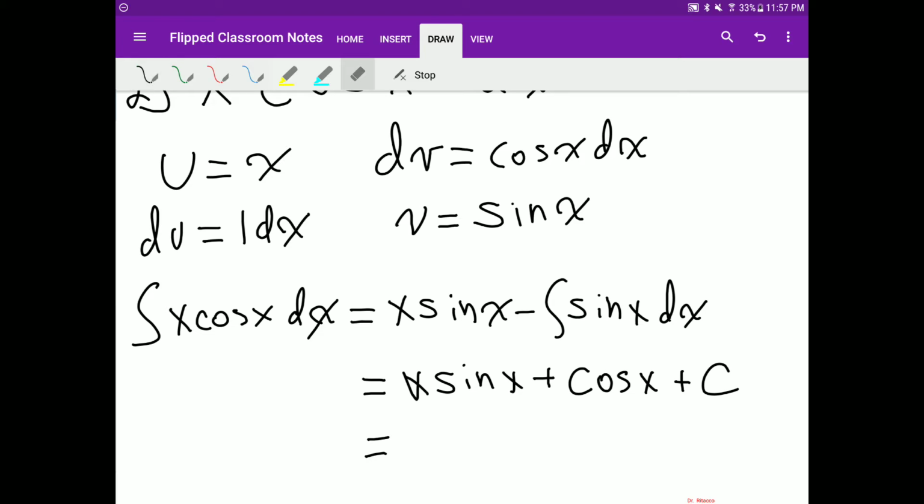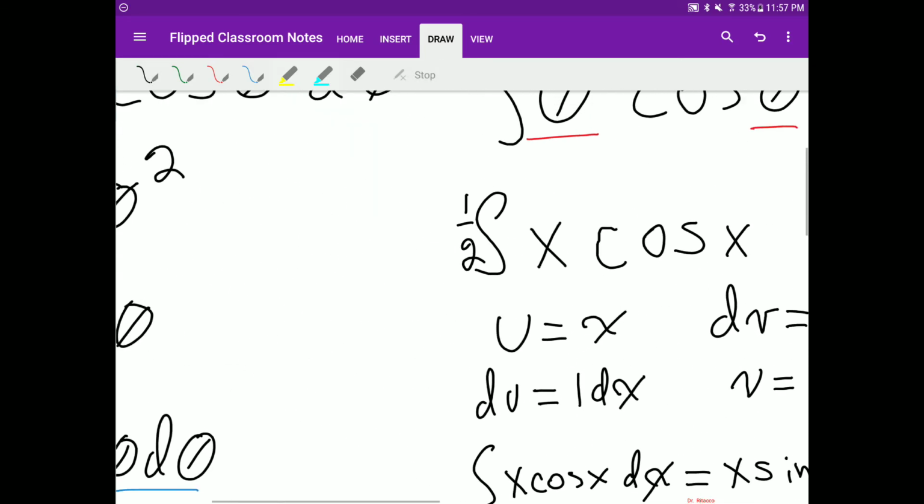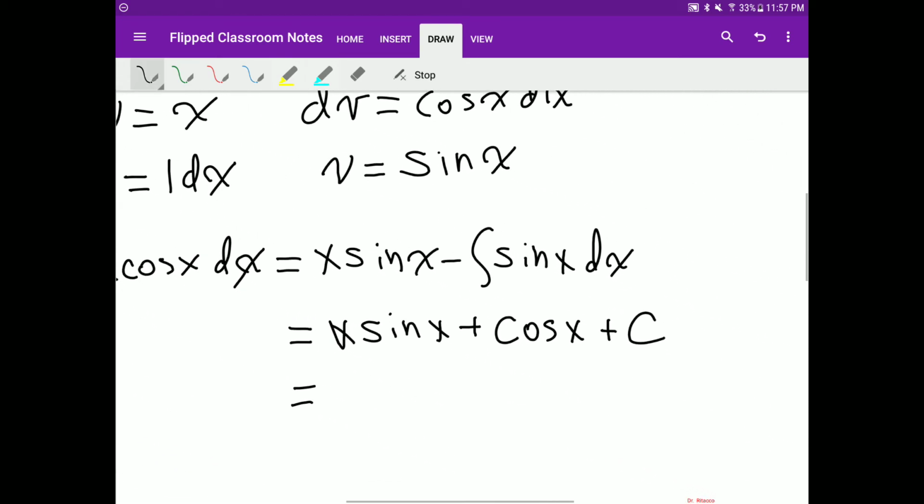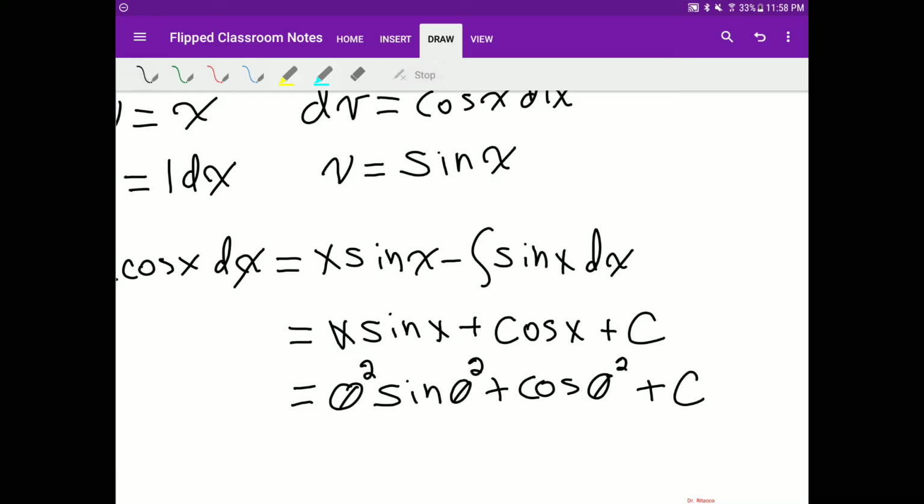All right? So if we forget, x we said was theta squared. Okay? So now we've got theta squared sine theta squared plus cosine theta squared plus c. And there we are.